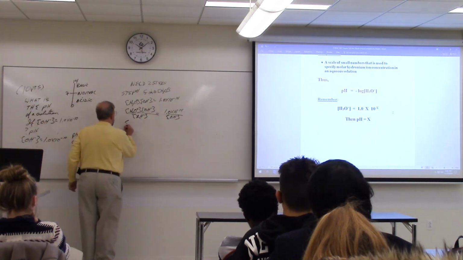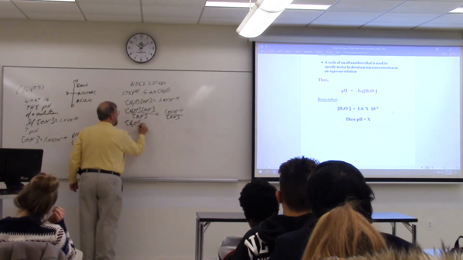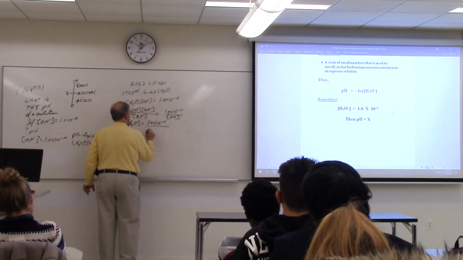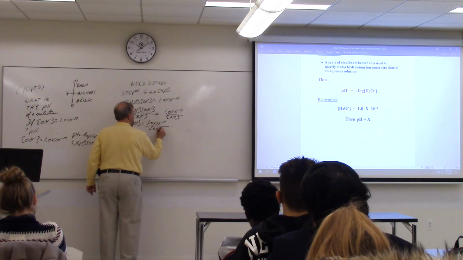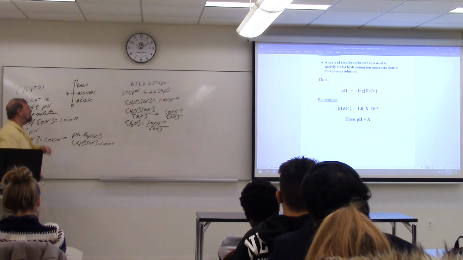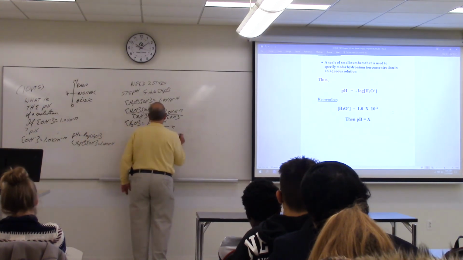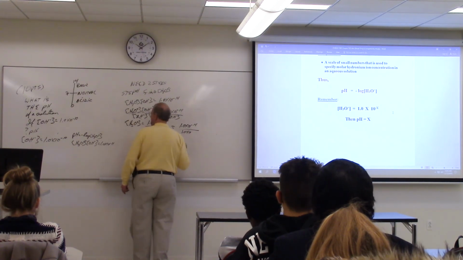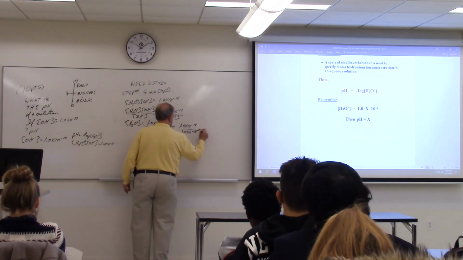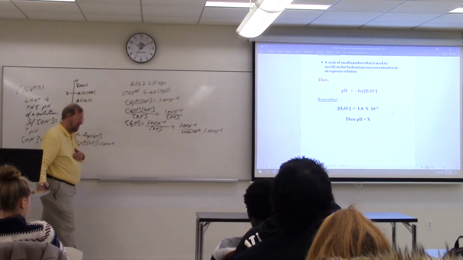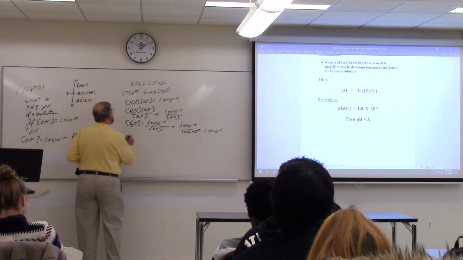And I now know that this hydronium ion concentration is equal to 1.0 times 10 to the minus 14 divided by the hydroxide, which I just happen to have here. And I'll put that in. I do the math, which I know how to do in my head, and now I'll do step number 2.